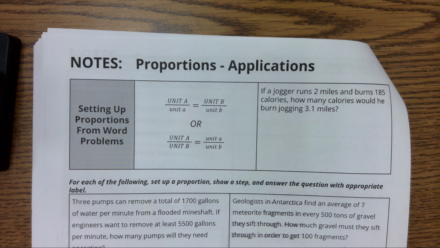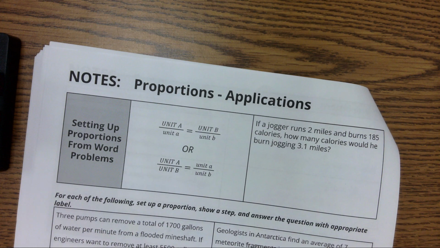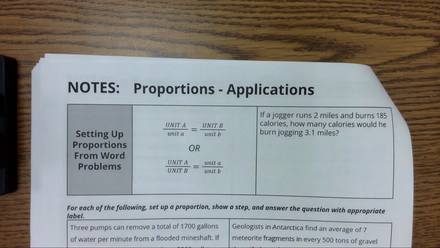When you're setting up word situations, the key thing is that you set up a proportion in one of two ways. Technically, if you flip the proportions, it can be four ways.